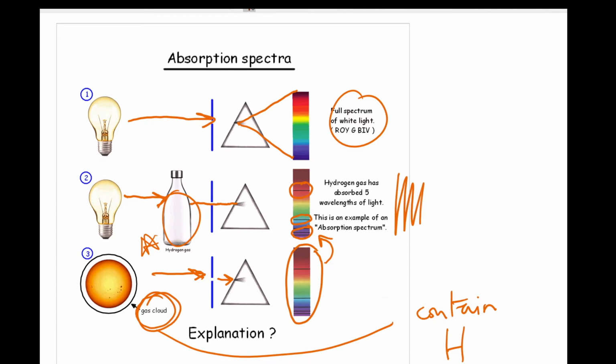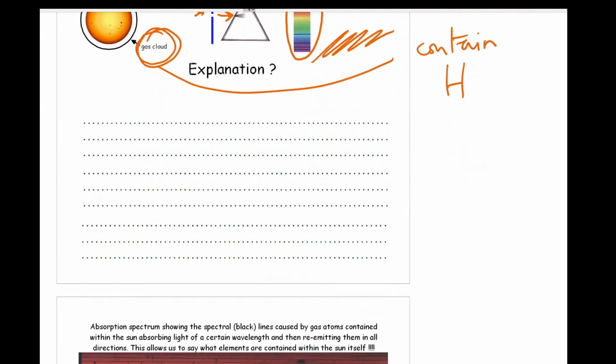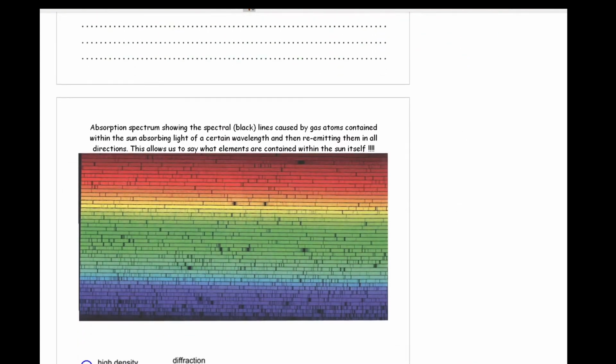So this is a way of working out what the elements are in the gas cloud or atmosphere of a star. Even though we're nowhere near that star, because of the absorption spectra that has been given off, we can state that that gas cloud contains hydrogen gas. Now, the absorption spectra shows the spectral lines.